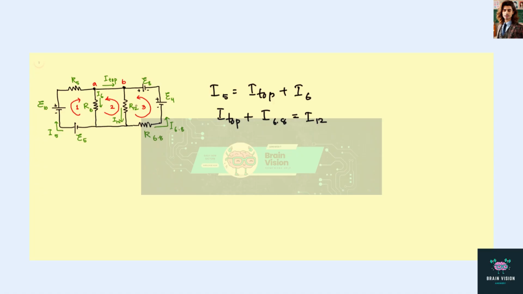So I top is this way and I6.8 is like this. So at point B, these two combine to make I12, and therefore this is the relation.